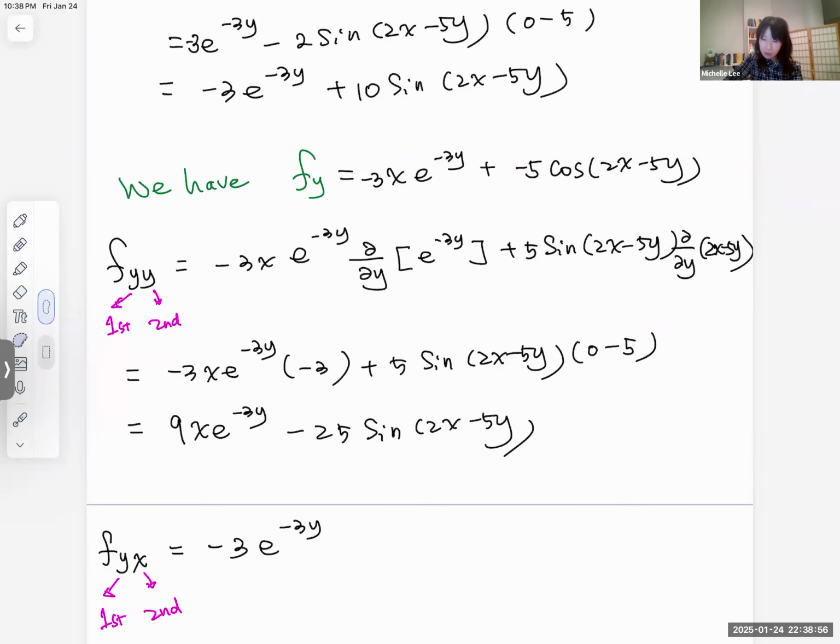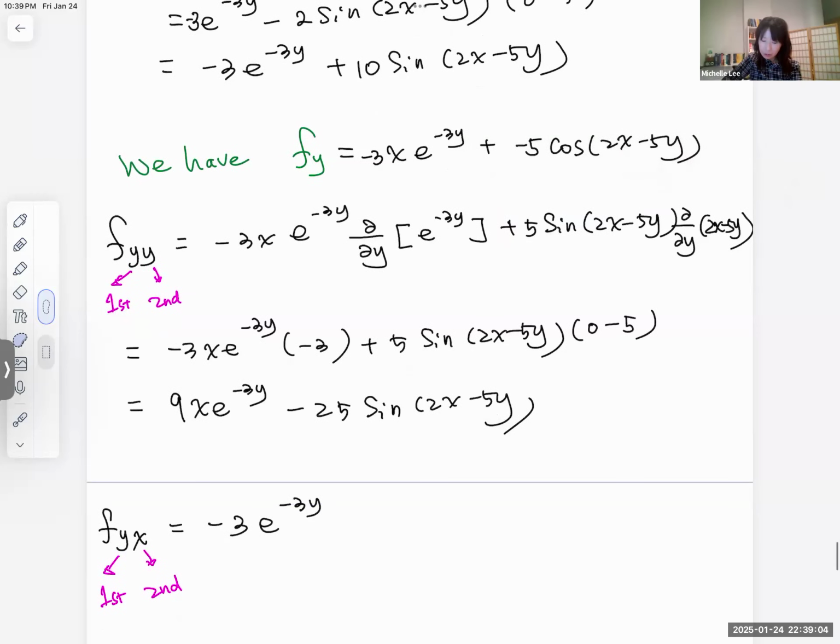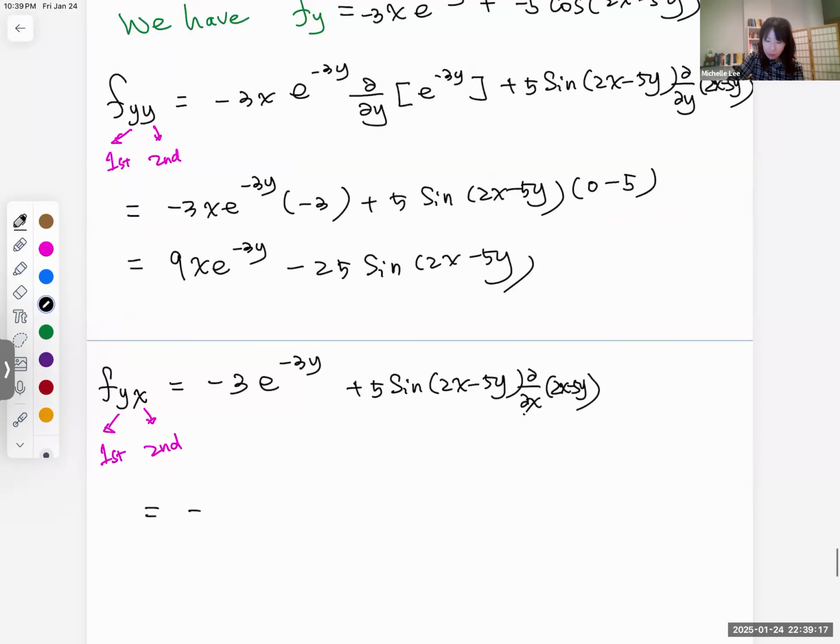derivative of negative 5 cosine, so positive 5 sine of this. Let me copy them, yeah? Positive, copy, paste. And then this is respect to x. Okay, so that will be negative 3 e to the negative 3y plus 5 sine 2x minus 5y.